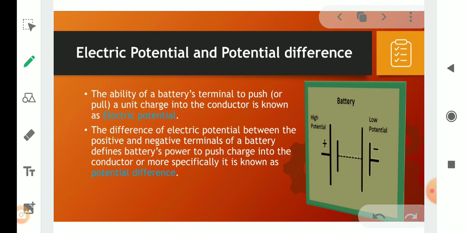It can also be defined as the work done in bringing a unit positive charge.